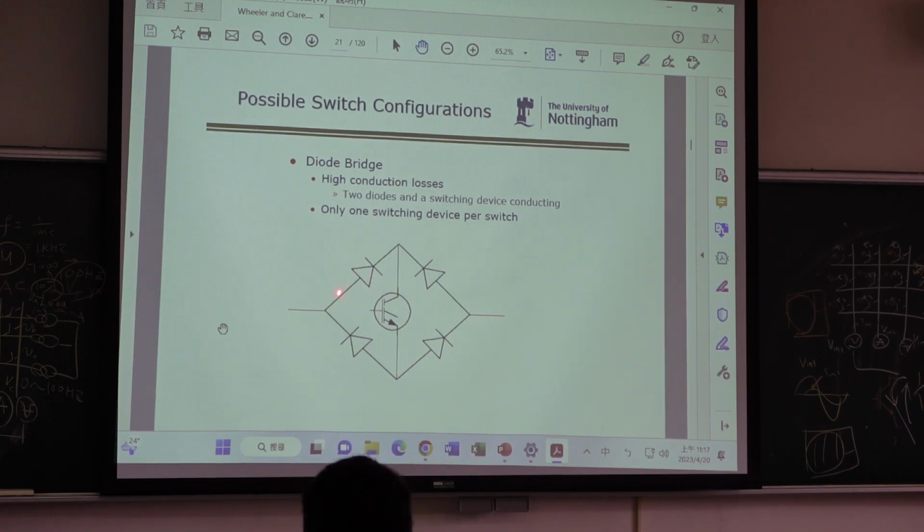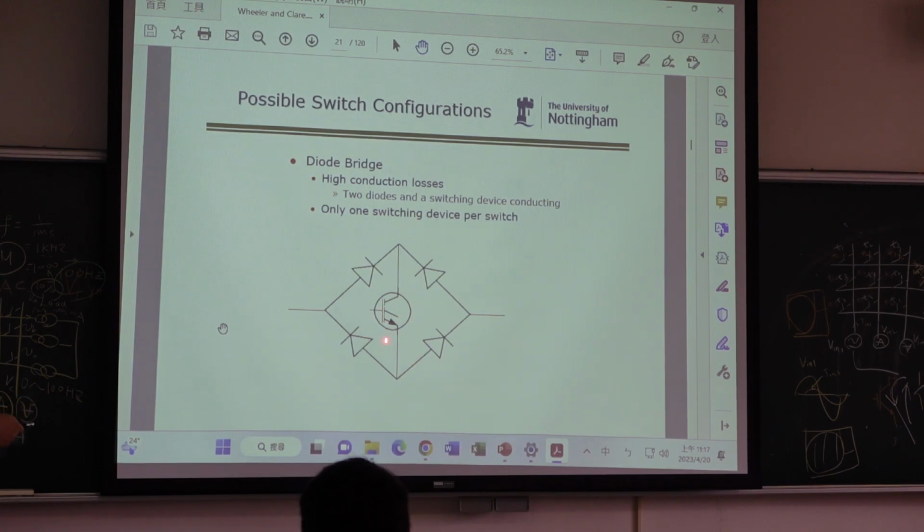So each diode has a diode voltage drop. This could be 2 volts, 2 volts becomes 4 volts. So you have more voltage drop than this one. This one only has 1 IGBT drop. But this one has 1 IGBT plus 2 diodes.